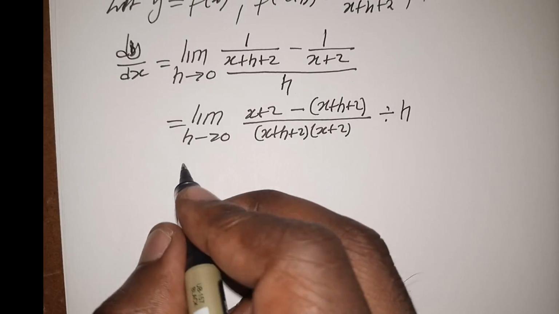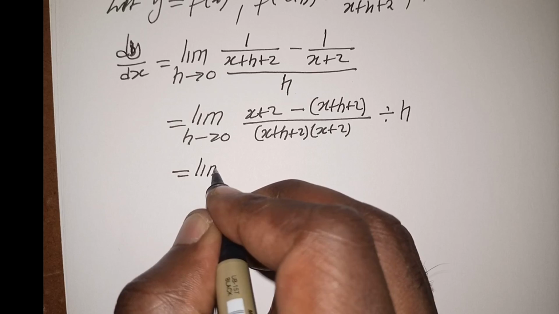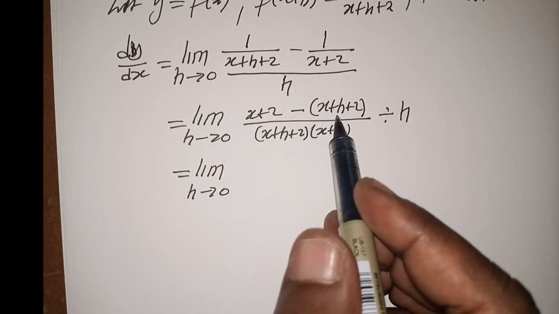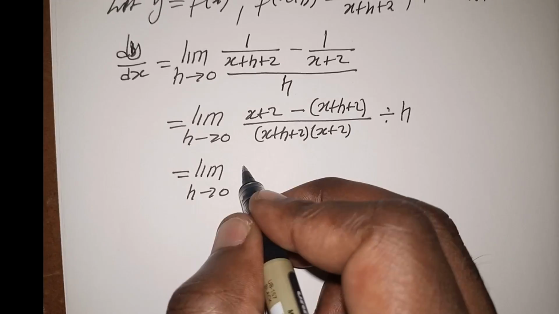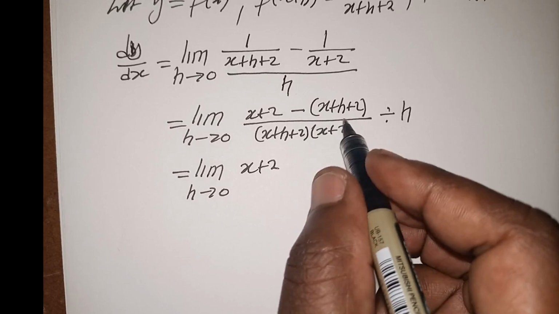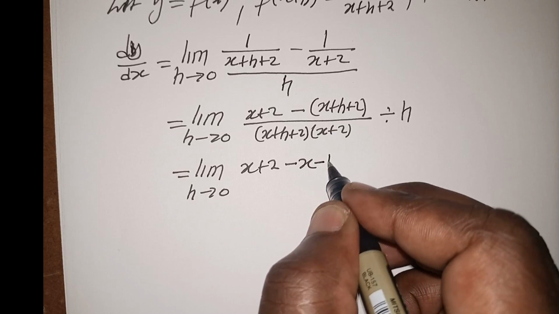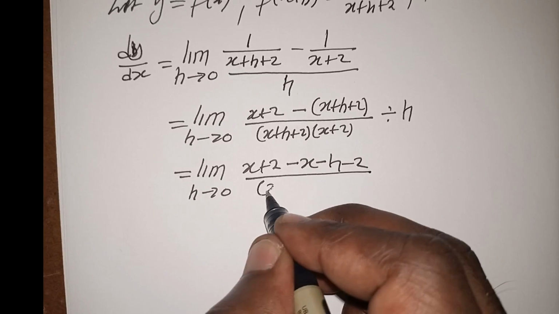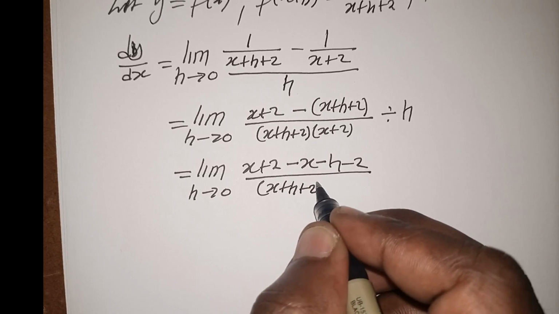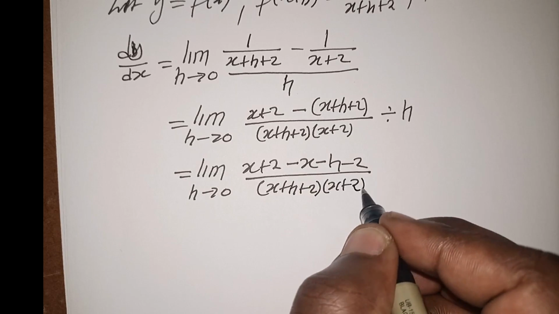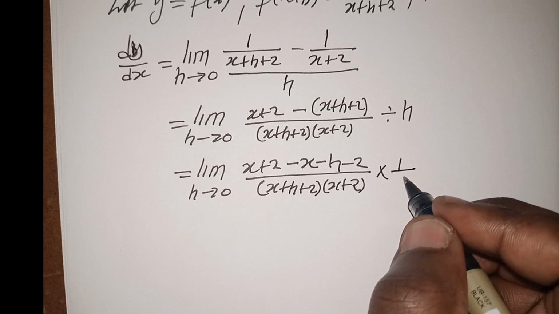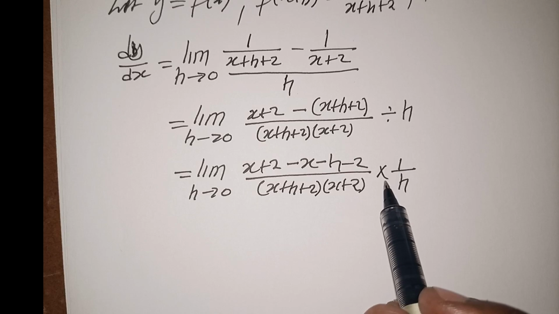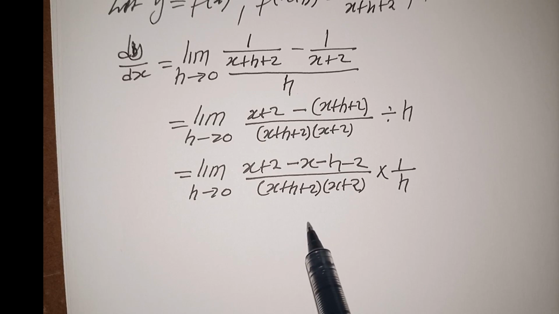Then the limit as h goes to 0, simplifying what is on top here, we have x plus 2, let's expand this, minus x minus h minus 2, everything over (x plus h plus 2)(x plus 2), times 1 over h. We reciprocate when changing from division to multiplication.